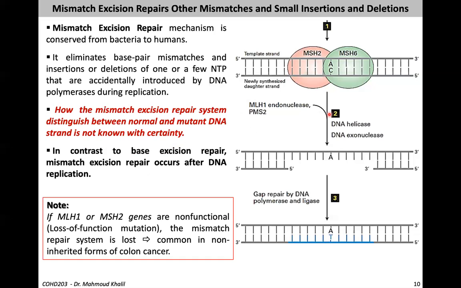Note, if the MLH1 endonuclease or the MSH2 gene is non-functional, this type of mutation is called a loss of function mutation. This mismatch repair system is lost, and this may lead to one of the main causes of the inherited form of non-polyposis colon cancer.